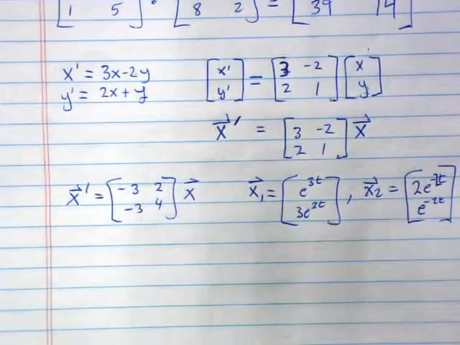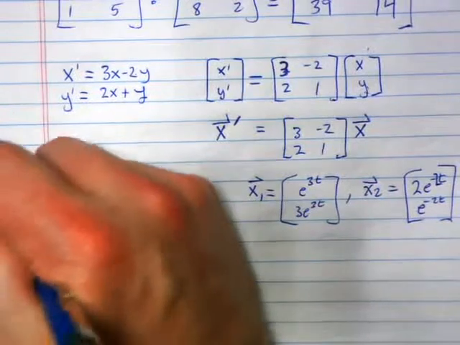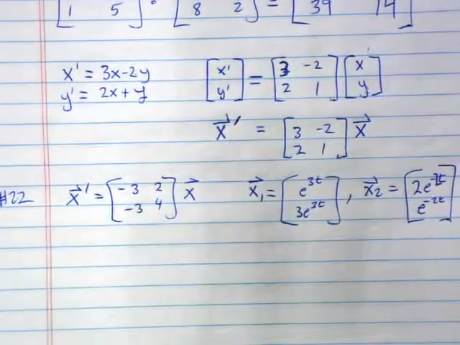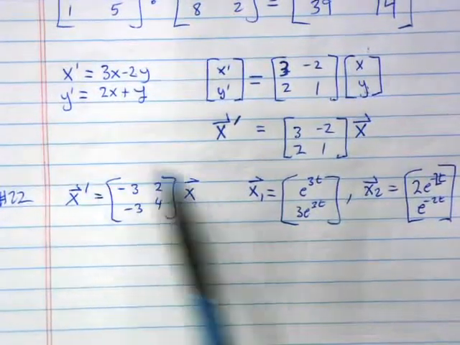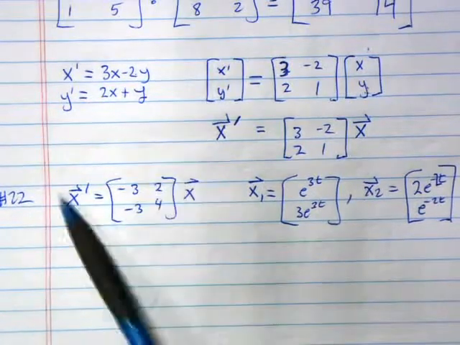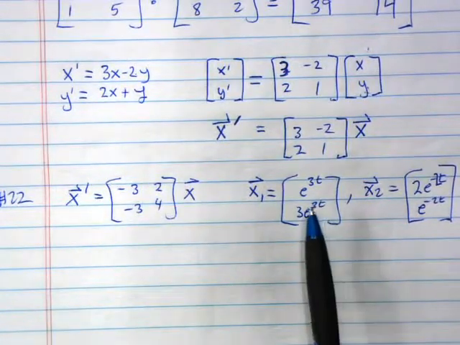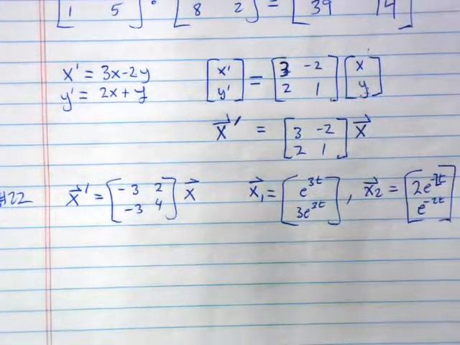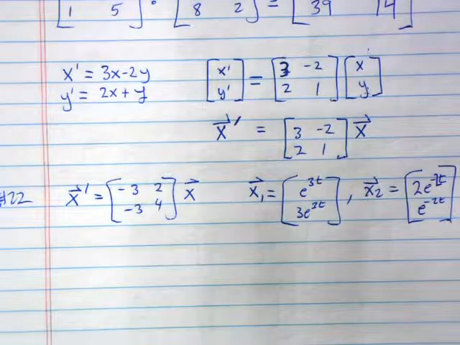So what they're doing, this is problem 22. They're giving you a differential matrix equation, and then they're claiming that x1 is a solution and x2 is a solution. And you need to prove that x1 is a solution and x2 is a solution.